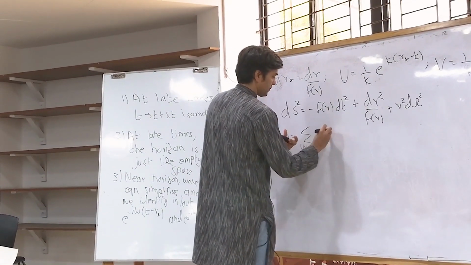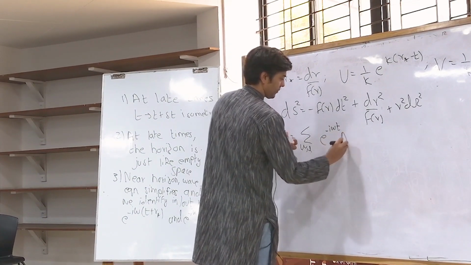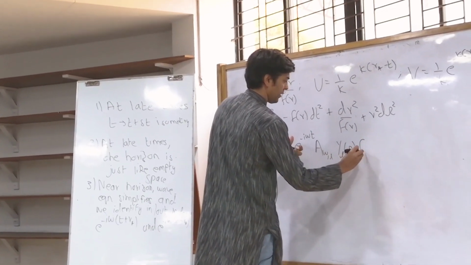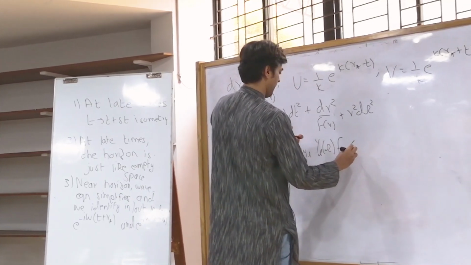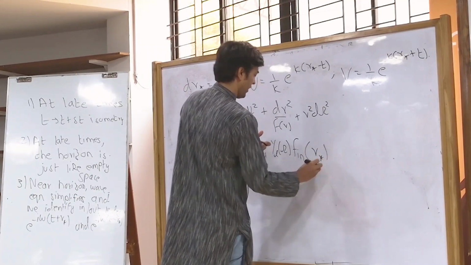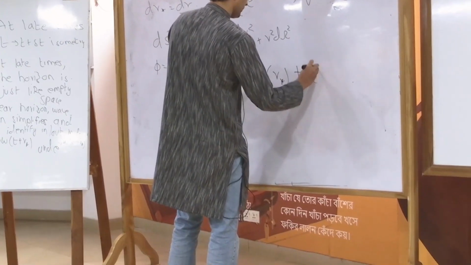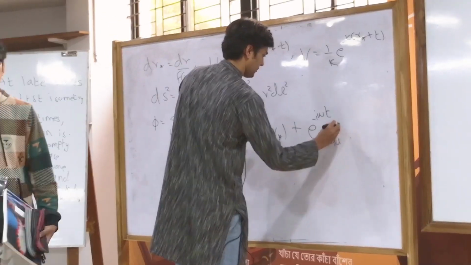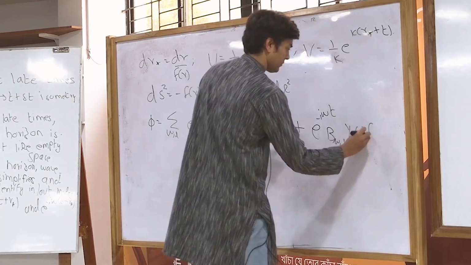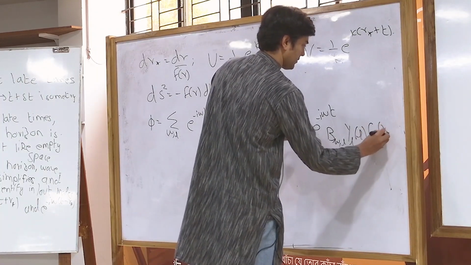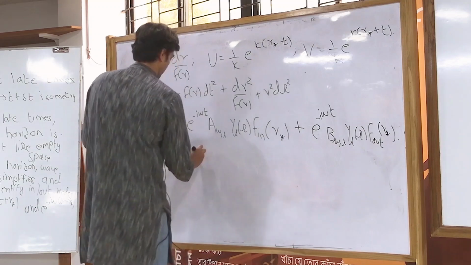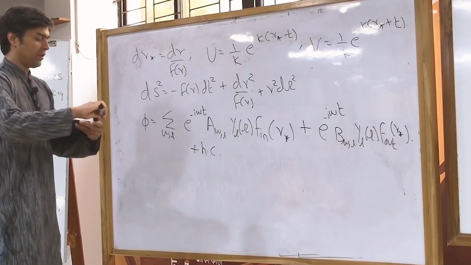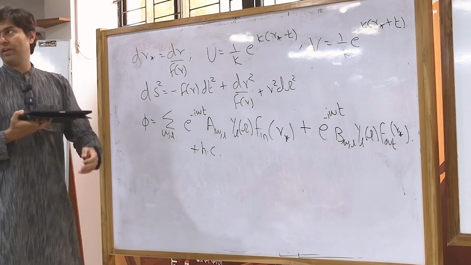F in of r star plus... So what I've done here is I've said that if we quantize the field, so how do you quantize the field?